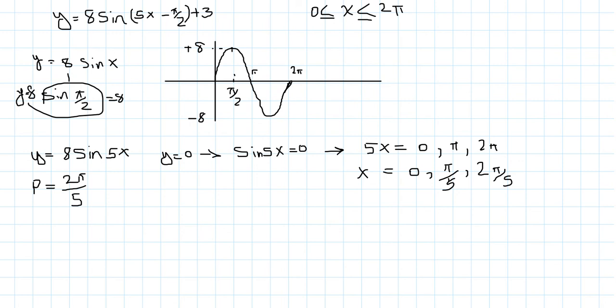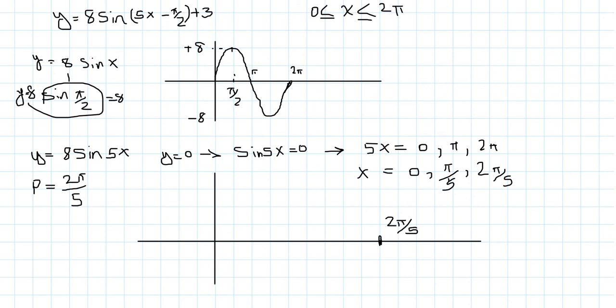Let's draw. Suppose that here this point is 2 pi over 5. It is very much smaller than 2 pi. And I know between 0 and 2 pi over 5 is pi over 5. I need only this point and this point, and easily can find them.